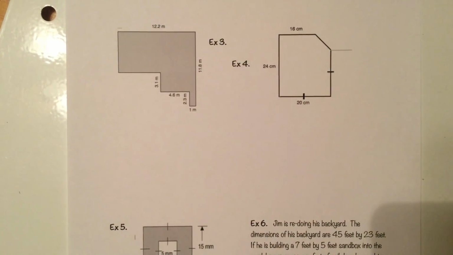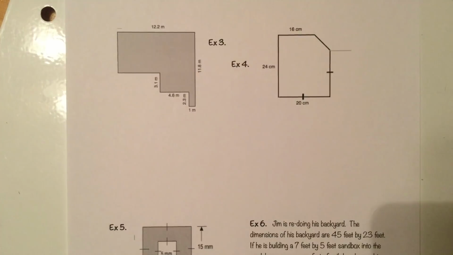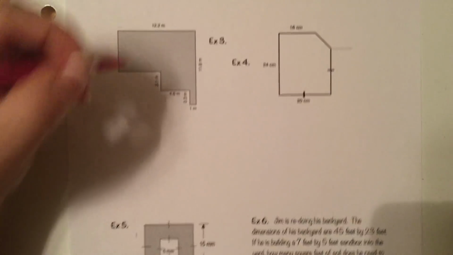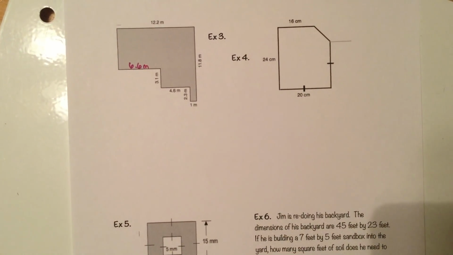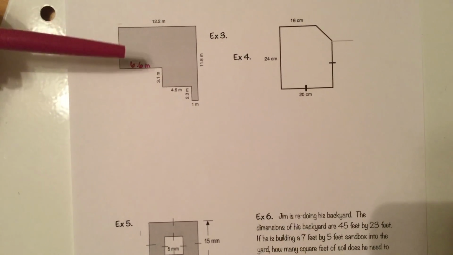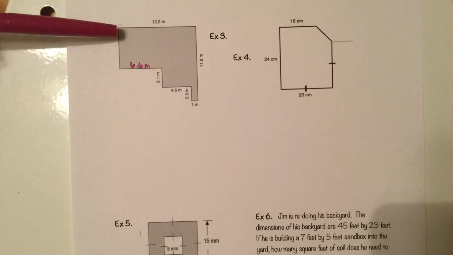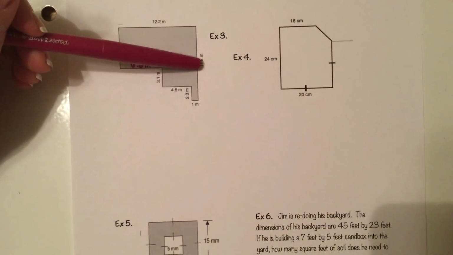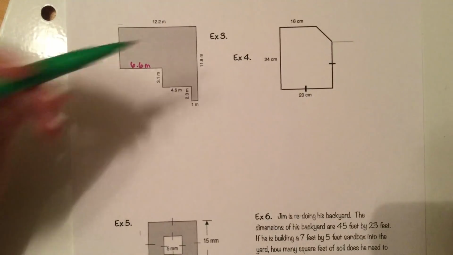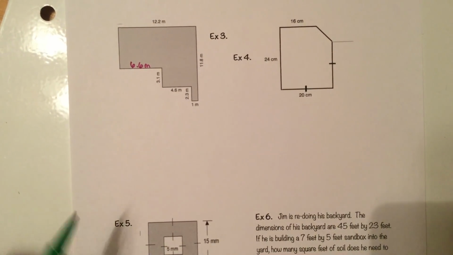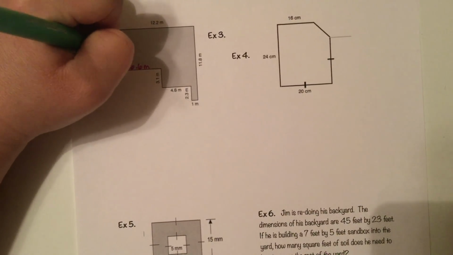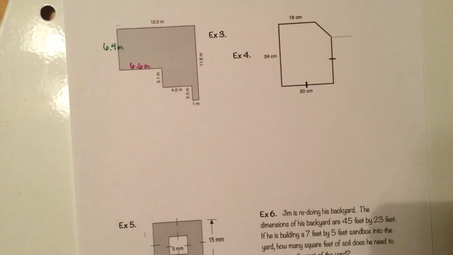Well, we can go ahead and solve that right now. That should be 6.6 meters. Now, if we look height-wise, we know that this height is 11.8 meters. We know that this height is 2.3 meters. This height is 3.1 meters, which means that this height over here has to be 6.4 meters.